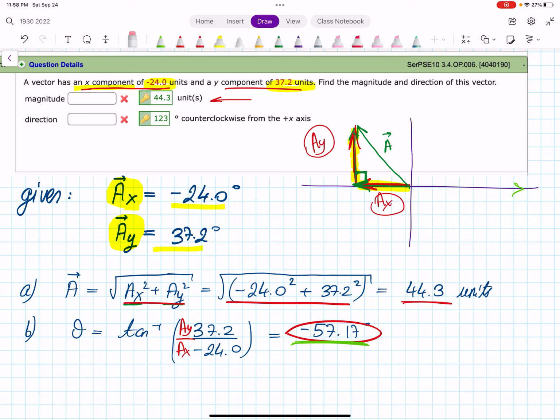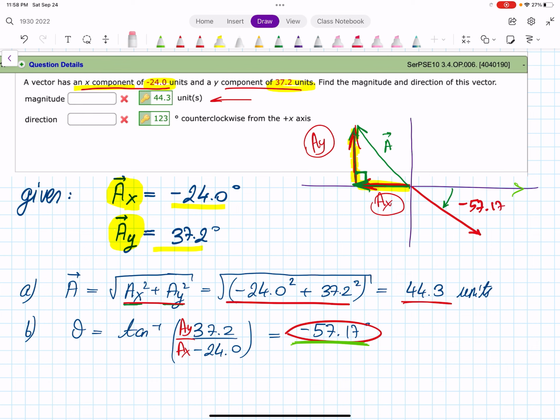If the answer was 57.17, this is the vector you would be looking at, but the answer is negative 57, so you have to go below the x-axis. This is how the calculator works. So here is your angle, negative 57.17.